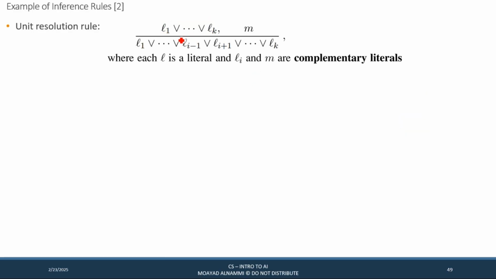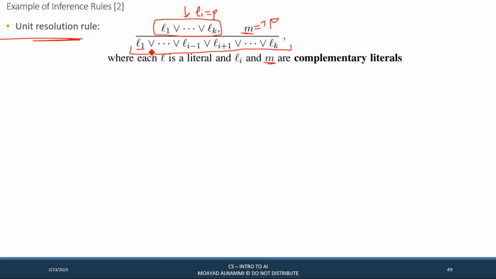So in the unit resolution rule, if you have a sentence that is a disjunction of literals and another sentence M, where there is some Li here that is a complement of M. So in other words, you may have Li here equals P and M here is not P. If this is the case, then you can conclude this following sentence.